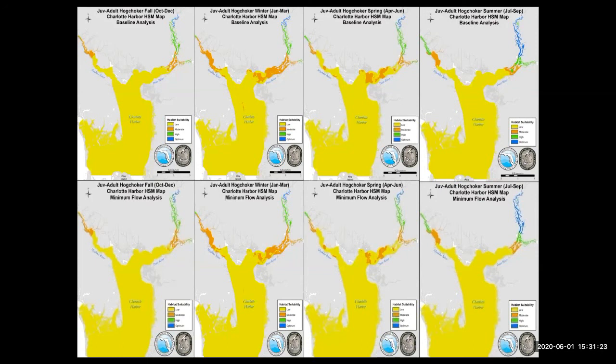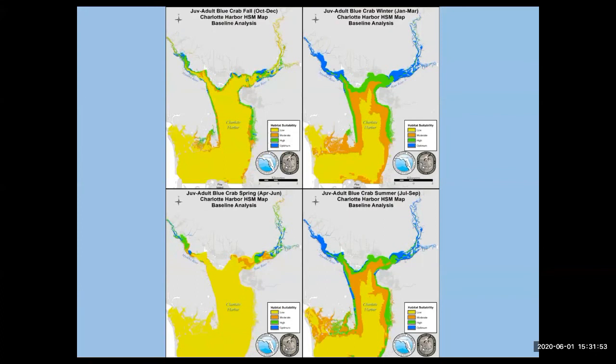They're almost identical, but there are some subtle differences, and we wanted to try and figure out how much of a difference there is. I mean, we deliberately chose baseline and minimum flows, especially with temperature and salinity factors, because we wanted to see the differences. But the maps don't show much difference for the habitat suitability modeling maps. Next slide.